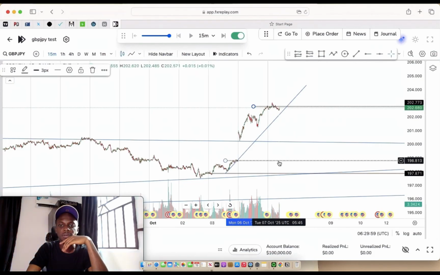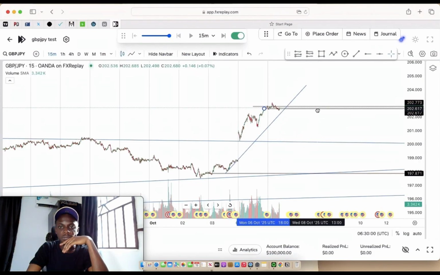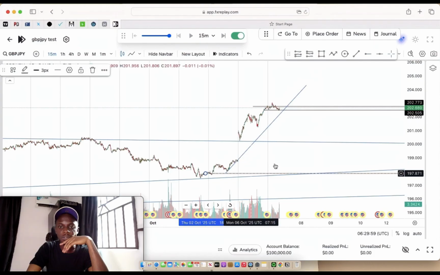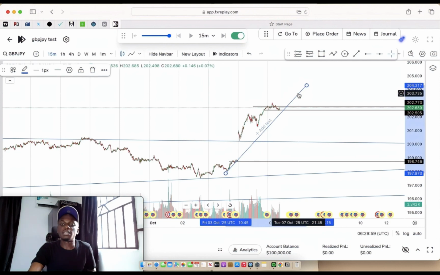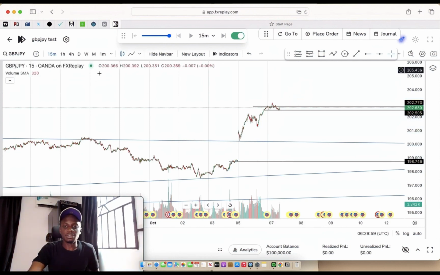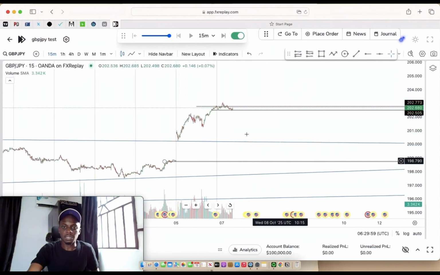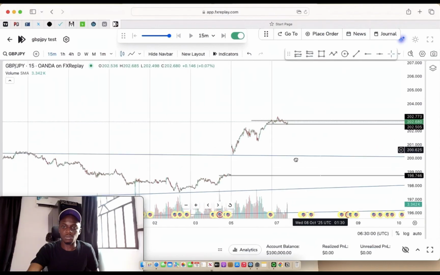Mark the high and low and close every day. Because this is my daily bias, my daily bias confirmation. It helps me with that, you know.